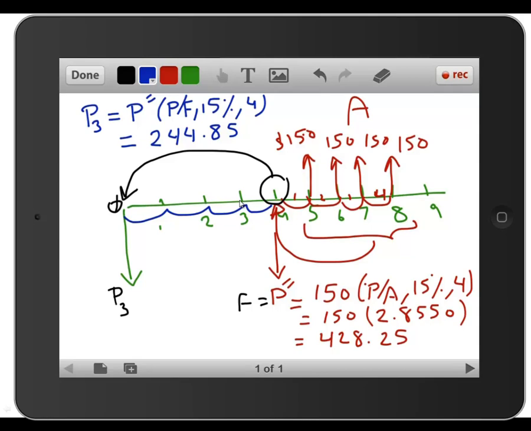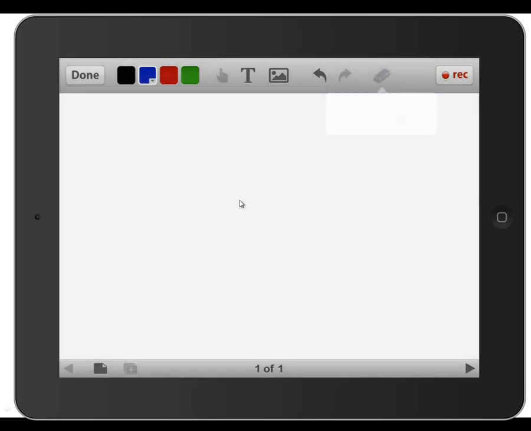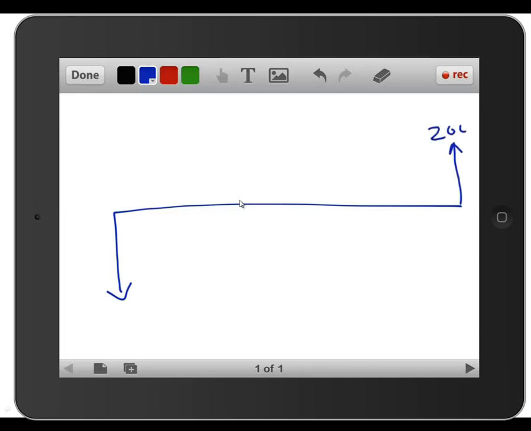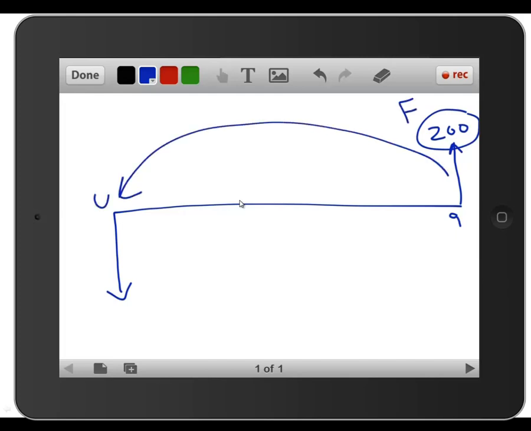So far we have 3 groups. Now let's clear the page and go to the last group. The last group is only $200 at year number 9. So I will consider this as a future value that should be returned back to time 0 and find P for group number 4.